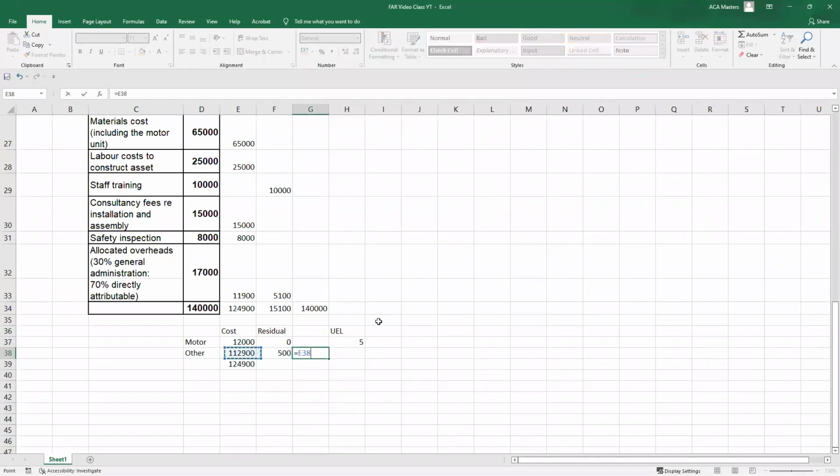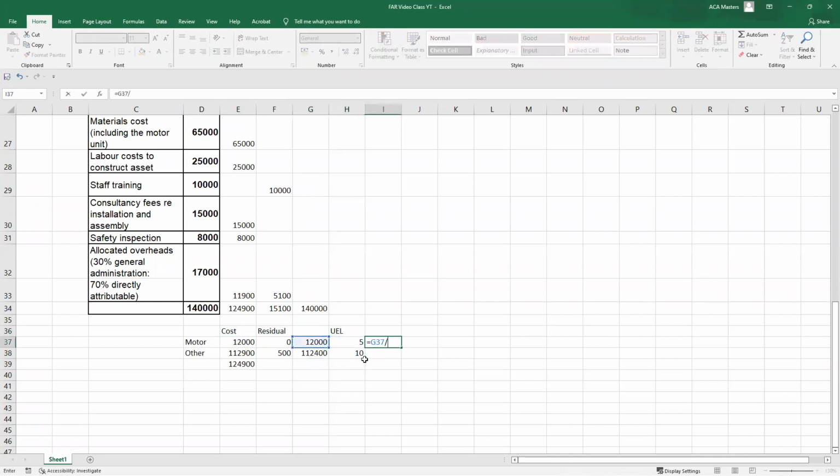So therefore, we can see the amount we need to depreciate for the plant would be this. We'd have the cost here for the motor units minus what they're going to get back from selling it in the end. So this is the amount which is depreciable. This is the value that the company is going to use up over that period. So the plant will be used over 10 years.